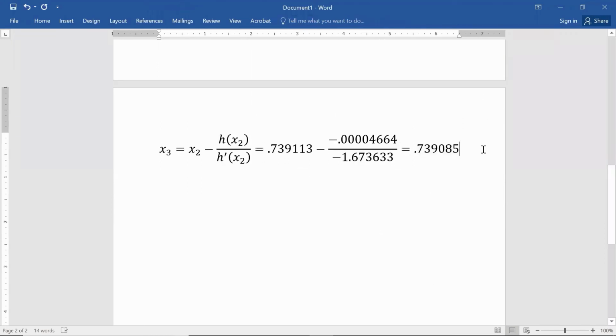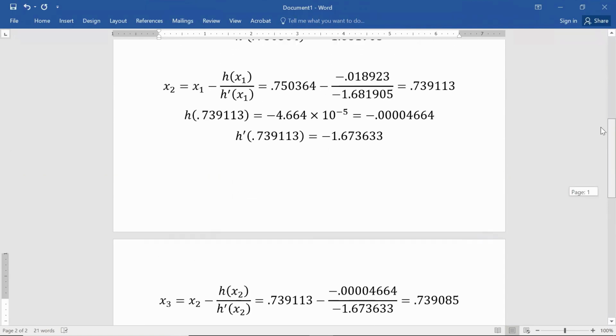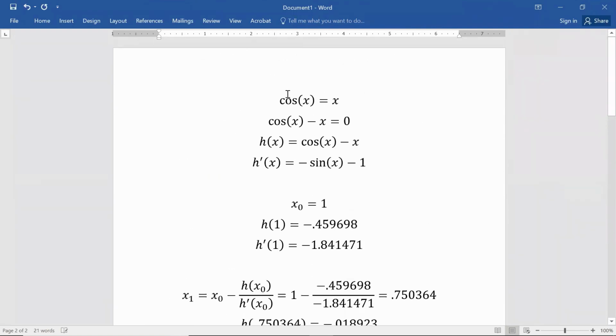So the answer rounded to 3 decimals is 0.739. And that's the answer, remember, to this initial equation, cosine x equals x. If you type in cosine of 0.739, you're going to get really, really close to 0.739.